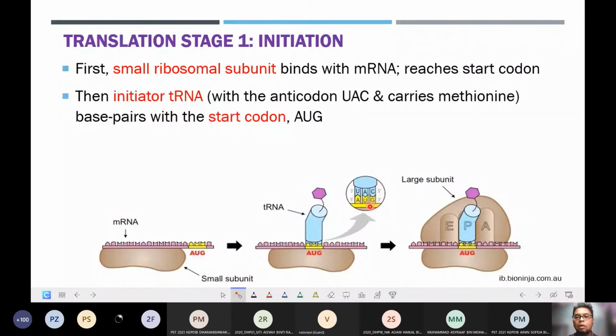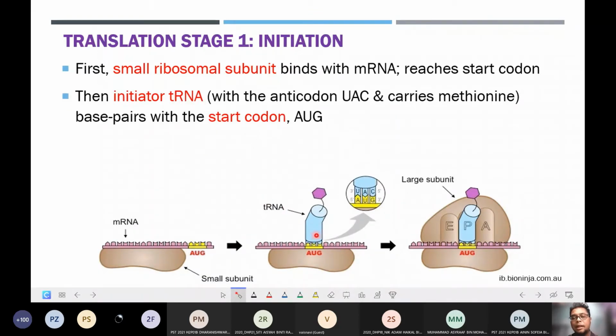We know that the start codon will be AUG, and so this anticodon of UAC will be able to bind to the codon of the mRNA over here. And this initiator tRNA is also carrying a particular type of amino acid, which is the methionine. And so we can see that the initiator tRNA will base pair.